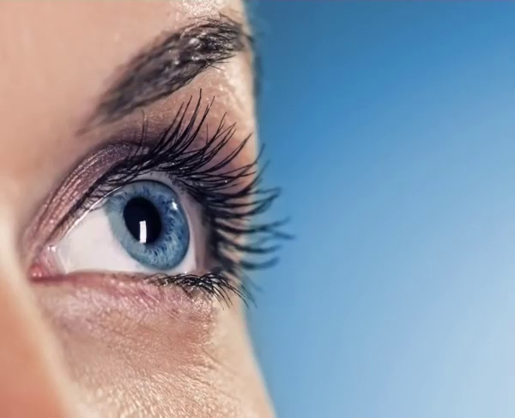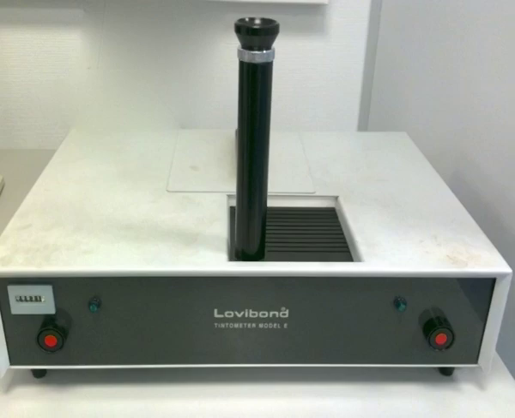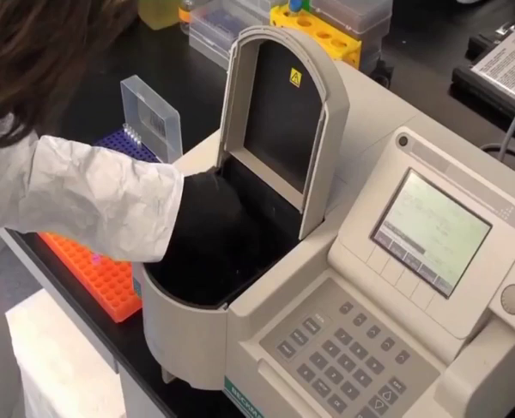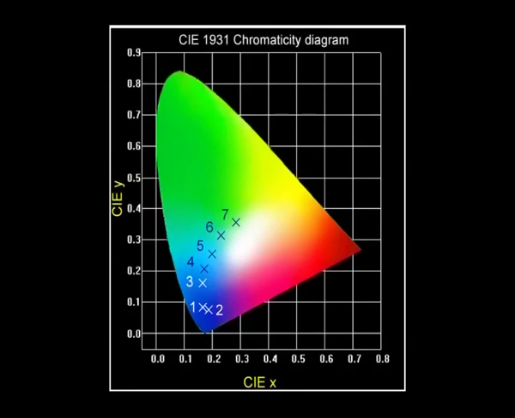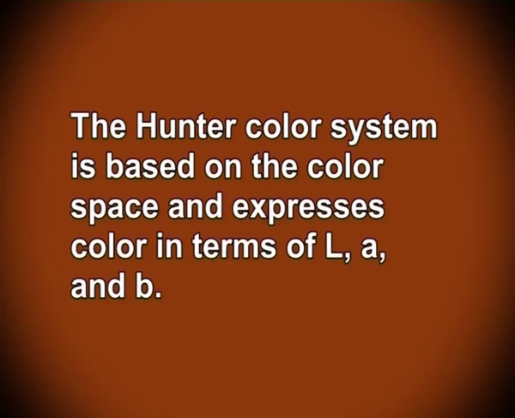Apart from the subjective evaluation of the color by the human eye, the measurements of the color can also be done by instrument methods such as Lovibond tintometer, Hunter color meter and color meters based on CIE, that is Commission Internationale de l'Eclairage System. The Hunter color system is based on the color space and expresses colors in terms of L, a and b.